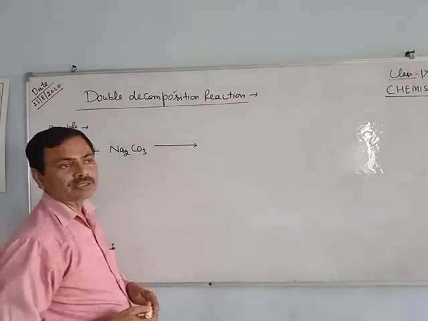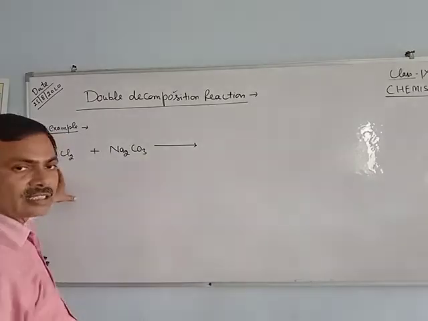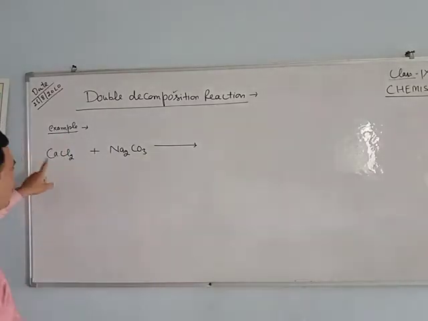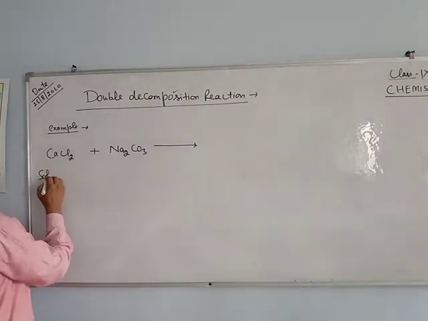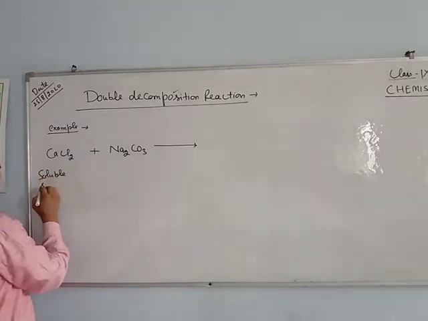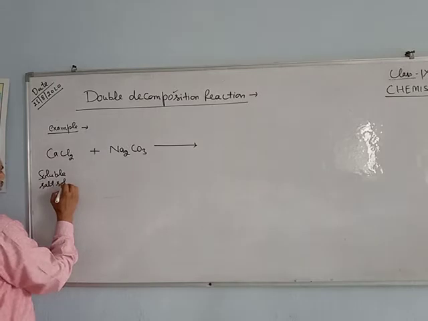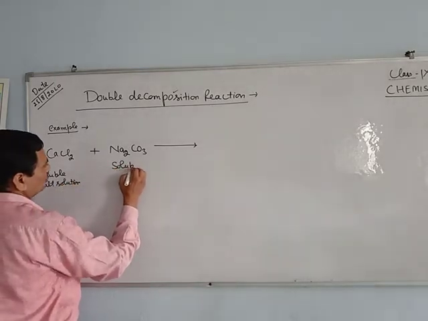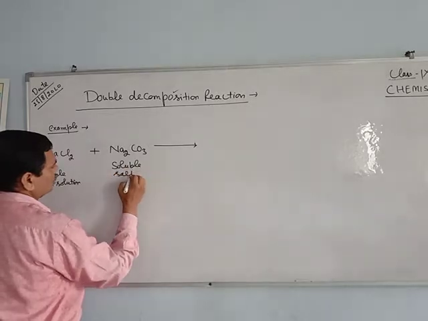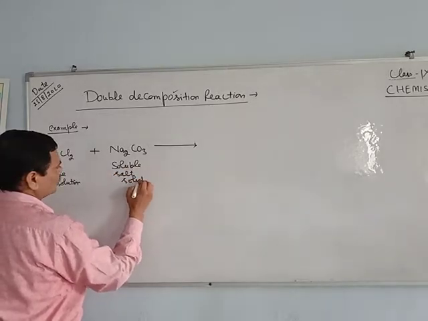Example of a double decomposition reaction: calcium chloride is a soluble salt solution, and sodium carbonate is also a soluble salt solution.